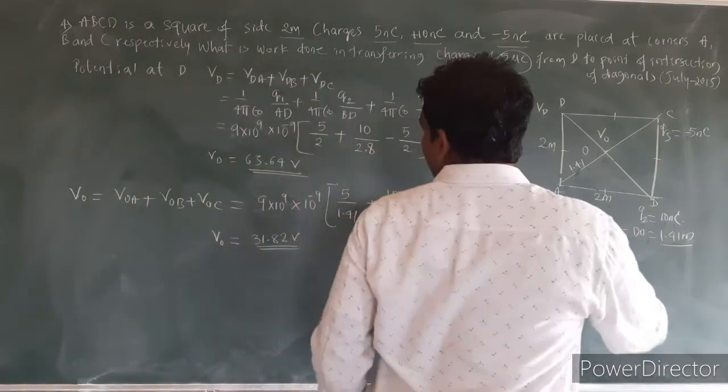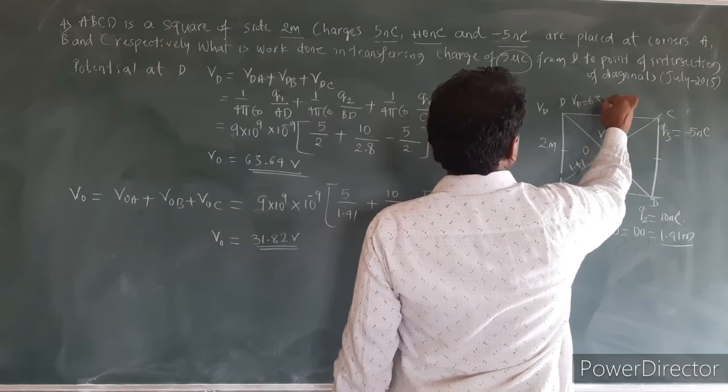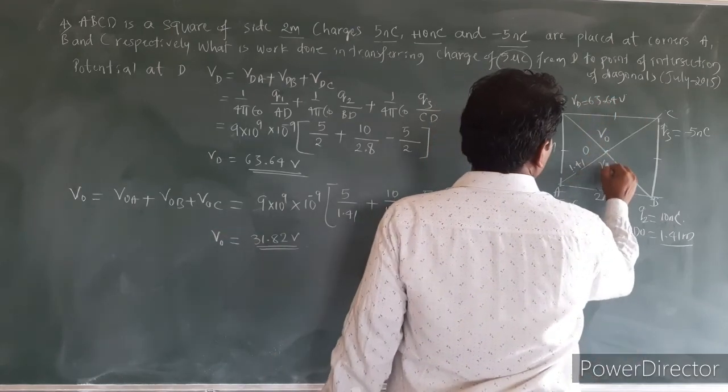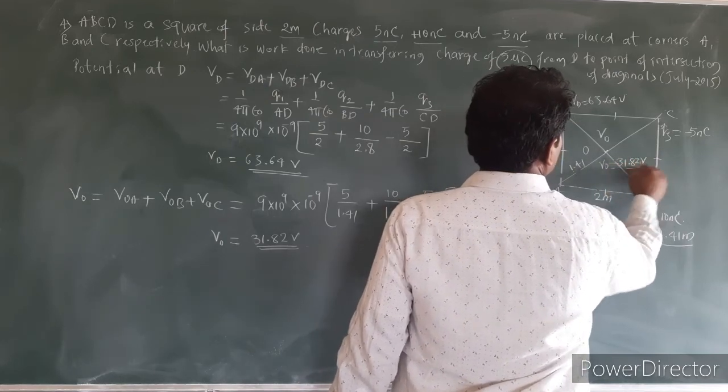So I have two potentials. At point D I have potential VD equal to 63.64 volts, and at point O I have VO equal to 31.82 volts.